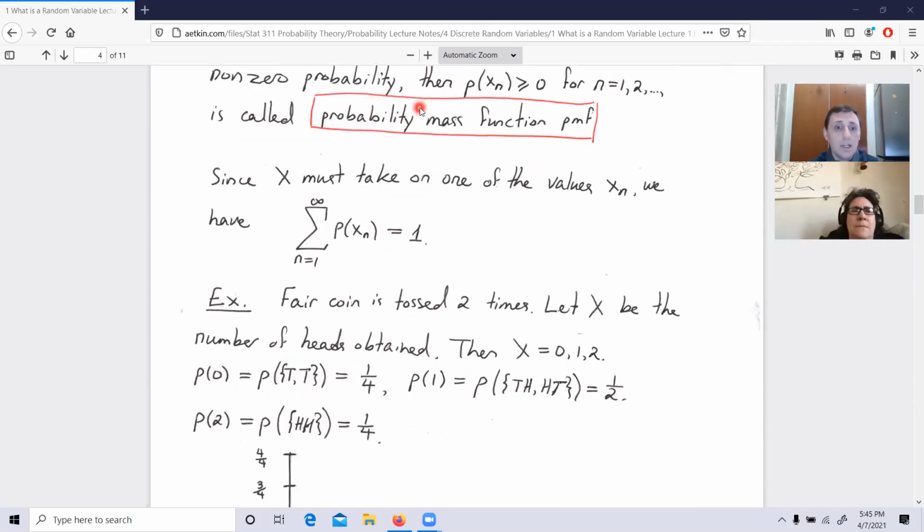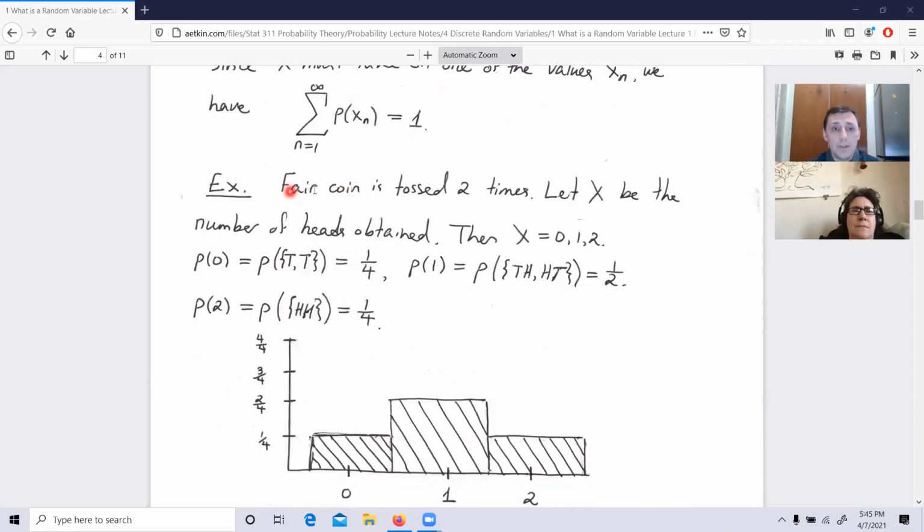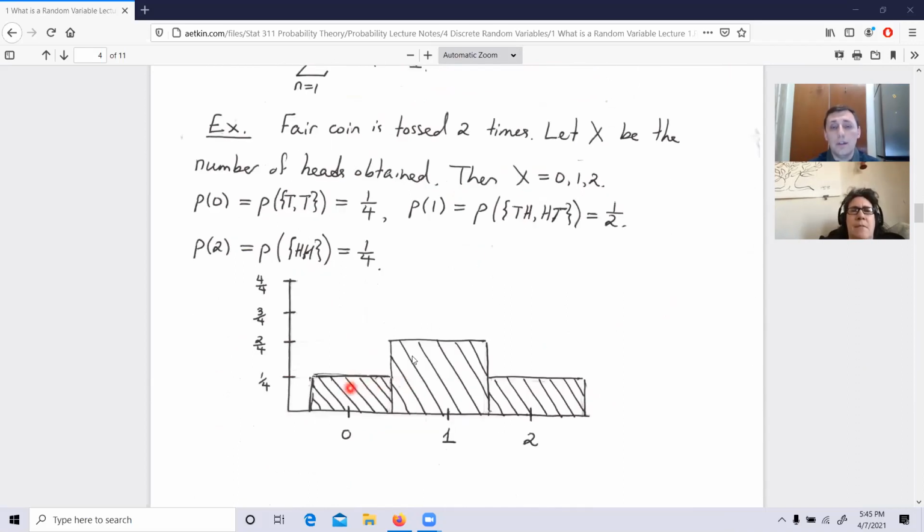Here is one example. A fair coin is tossed 2 times, and x denotes the number of heads obtained. Then here we graph the mass function. The possibilities are either 0 heads, or 1 head, or 2 heads. The probability that I get 0 heads is the probability of TT.